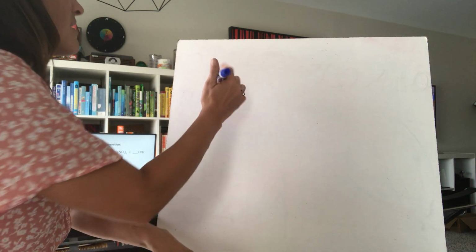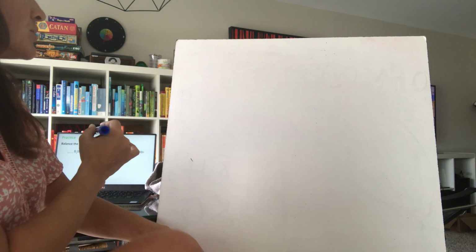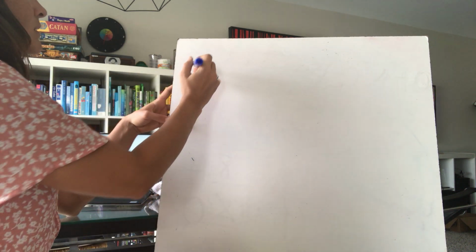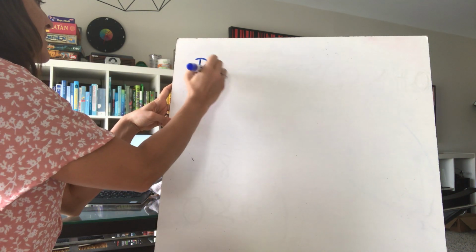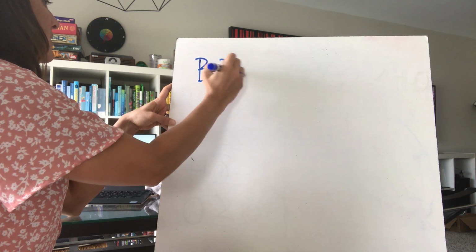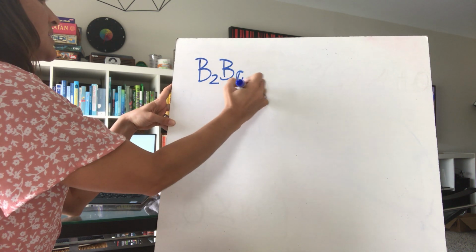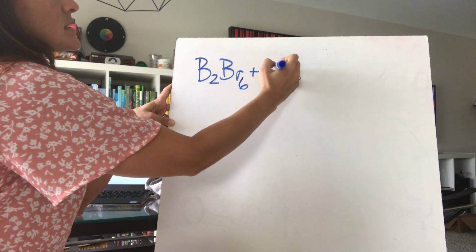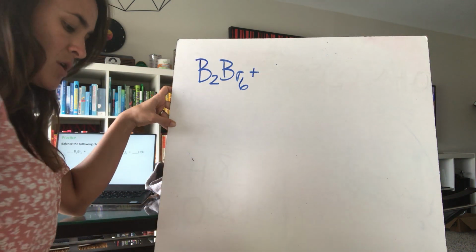The distribution rules are the same as they would be in any of your math classes. Let's look, for instance, at one of the last slides that you have, where it shows B2BR6 plus, let me make that smaller.